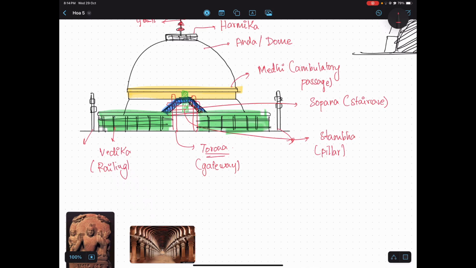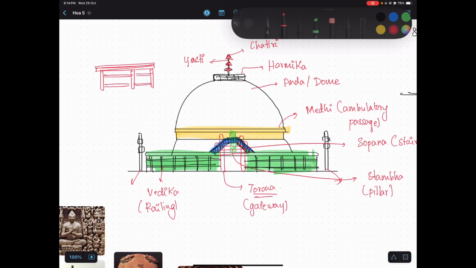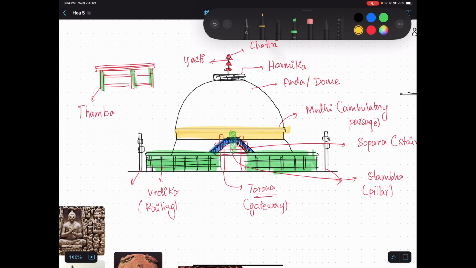Now if you see the railing up close, you have an upright vertical element and a horizontal element. The vertical elements were called stambha, and the horizontal elements were called suchi.